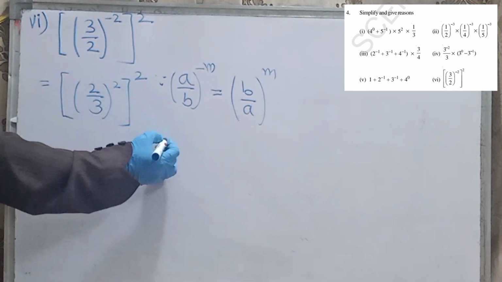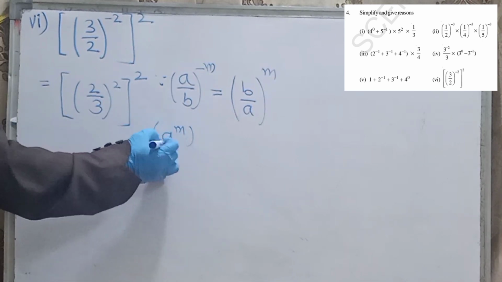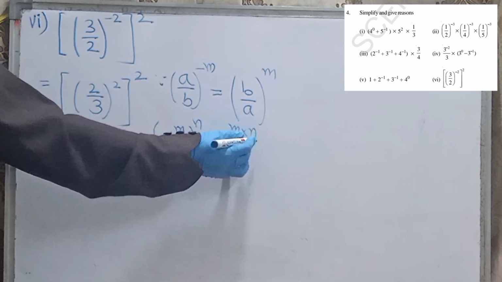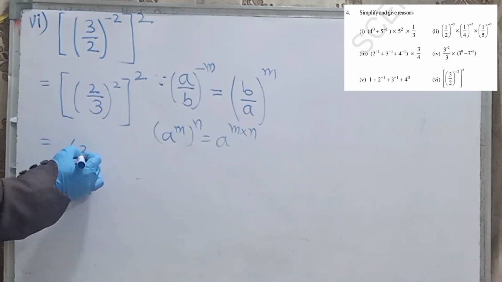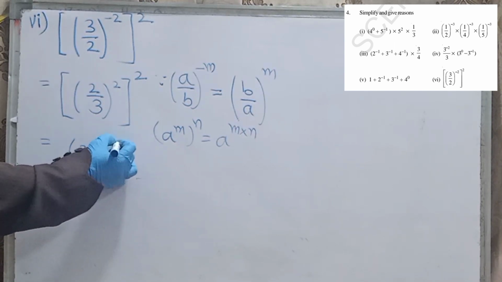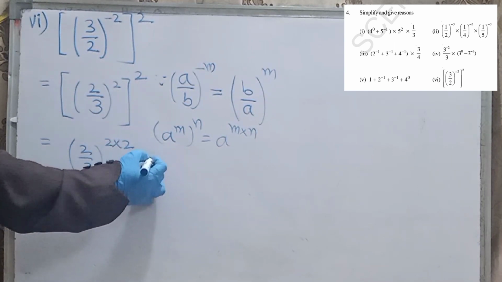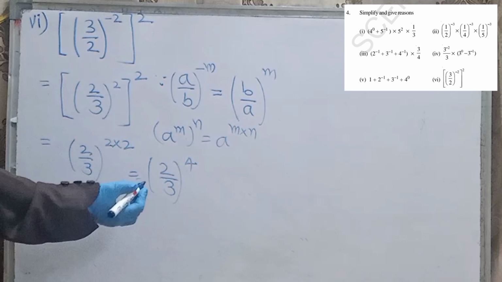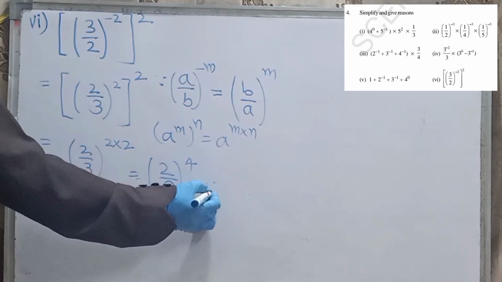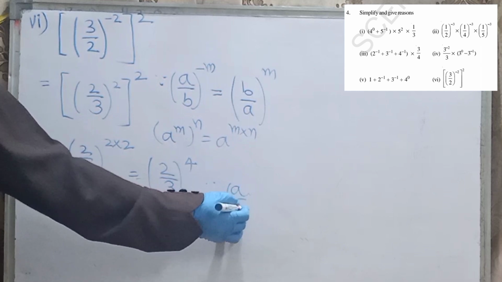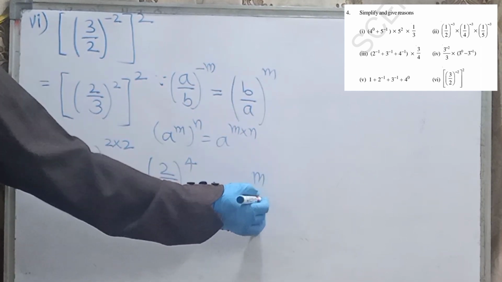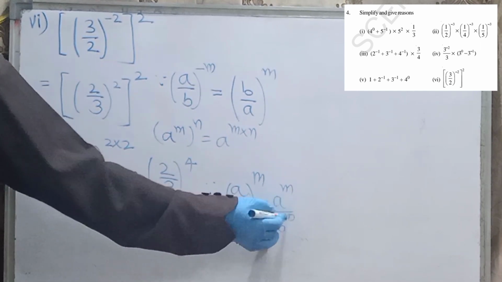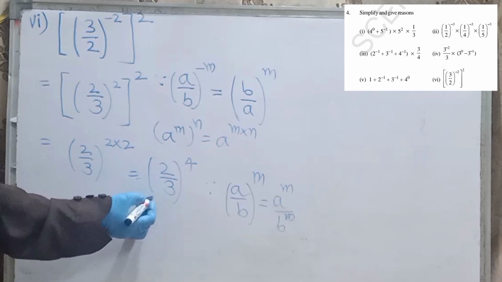Now it is of the form a power m whole power n. So it is equal to a power m into n. So it is equal to 2 by 3 whole power 2 into 2, which is 2 by 3 whole power 4. Okay, and since a by b whole power m is written as a power m by b power m, that is, this power will apply to both the numerator and denominator.